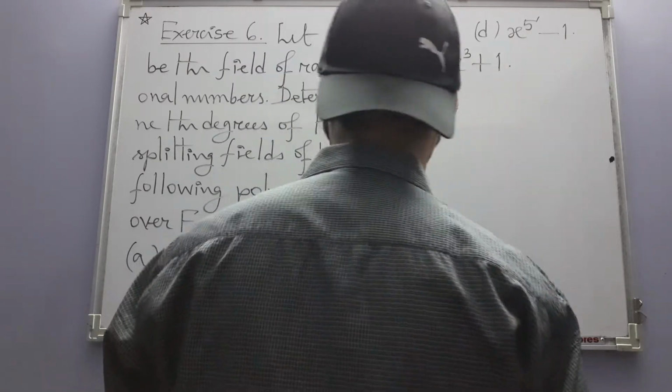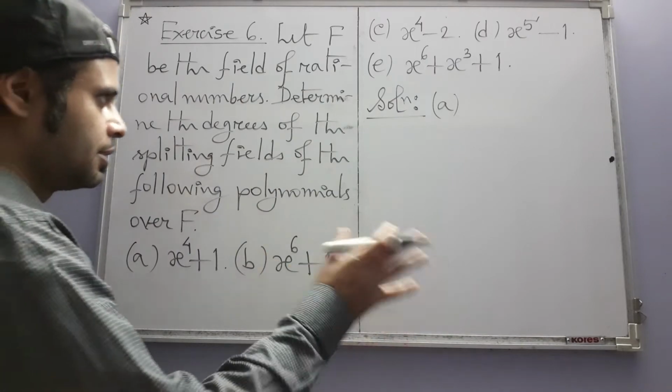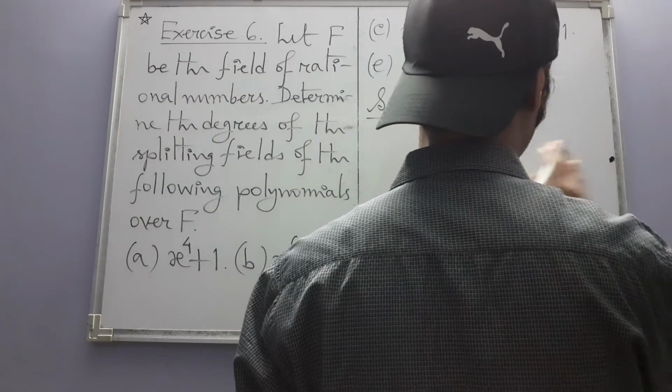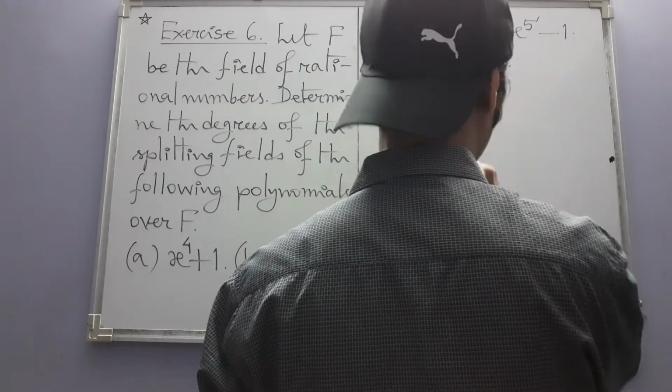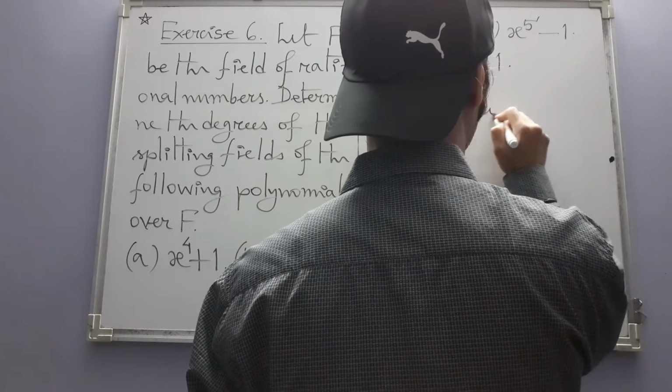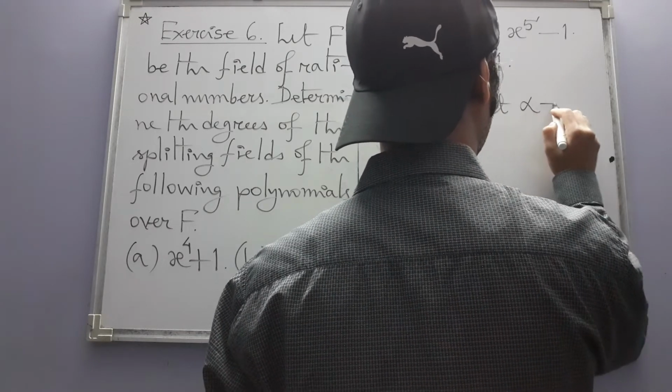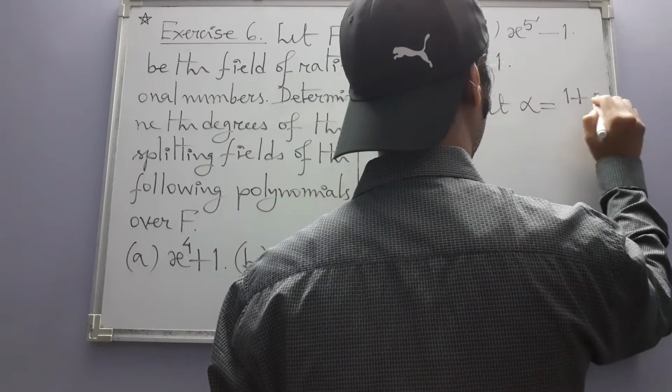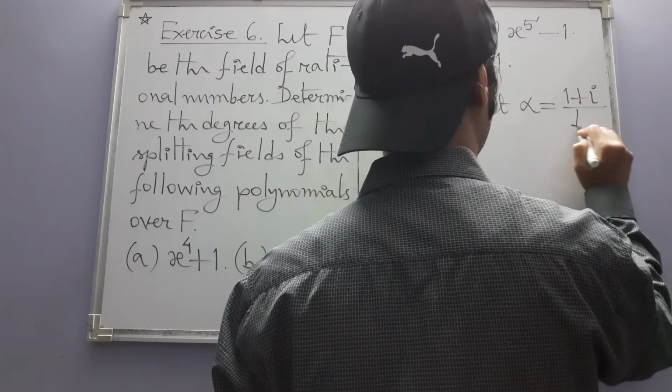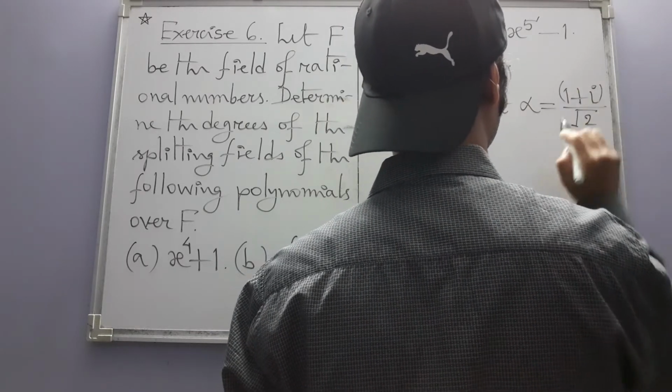Part A. Let's first see what we are writing here, and then I will explain. Let alpha be the complex number (1 plus i) divided by square root of 2.